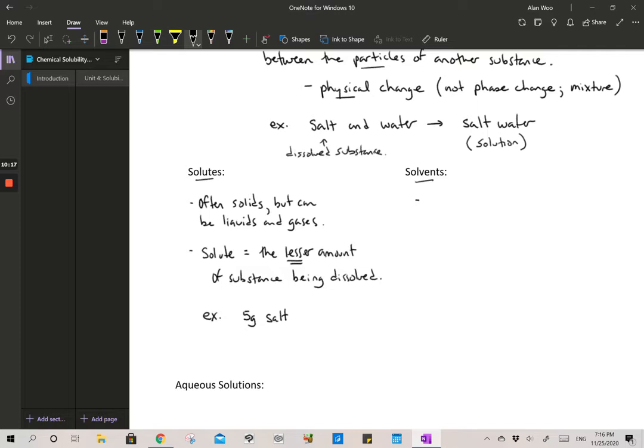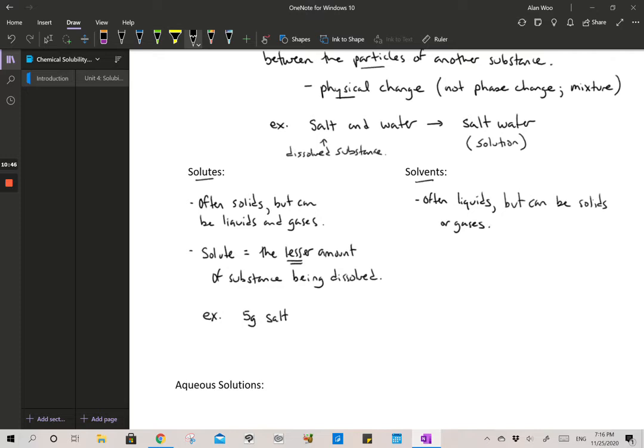Now, again, like I said before, solvents are often liquids, but they can also be solids or gases.